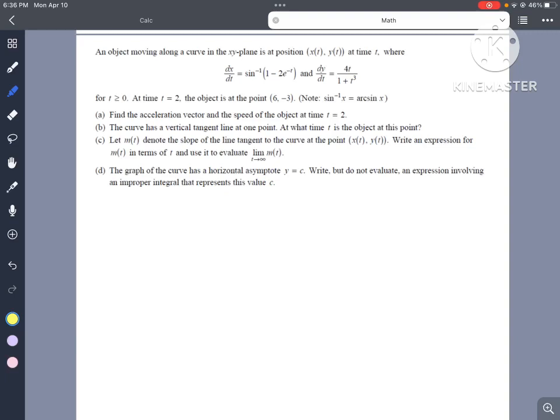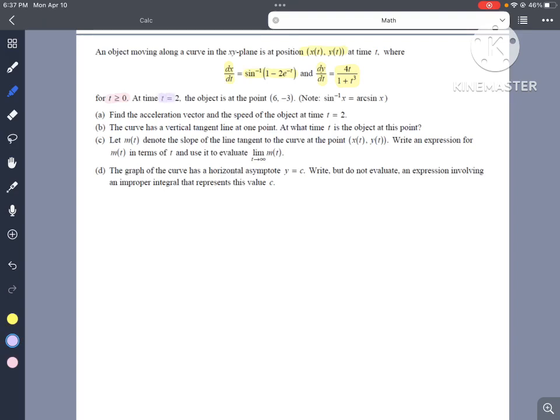In this question, an object is moving along a curve given by x of t, y of t at time t. Instead of giving x of t and y of t, they give us dx over dt, the velocity in the x direction, and dy over dt, for time t greater than or equal to 0. This is the restriction.